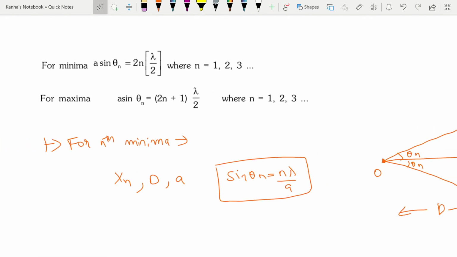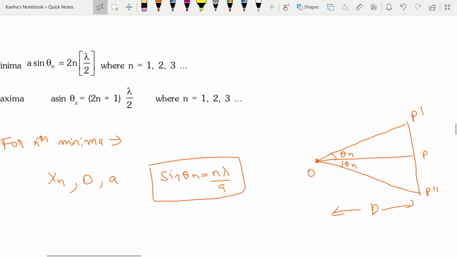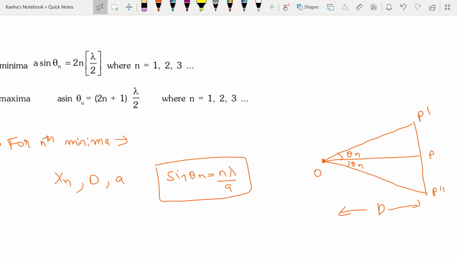With this in your hand, you can easily see in the triangle POP prime that tan theta n is equal to xn by d. If theta n is small, sin theta n is similar to tan theta n is similar to theta n. That implies my xn can be written as n lambda d by a. That implies theta n is nothing but xn by d. It is nothing but n lambda by a.